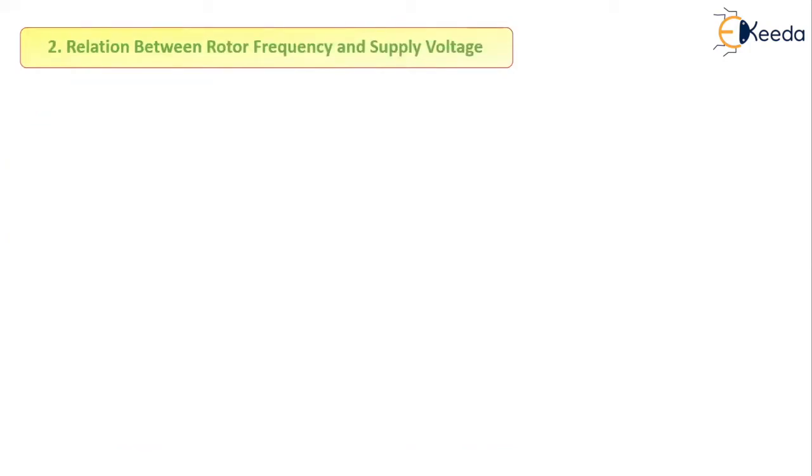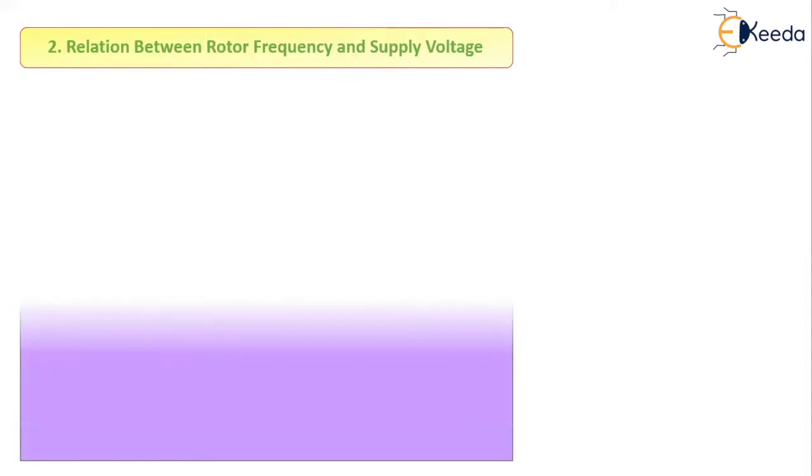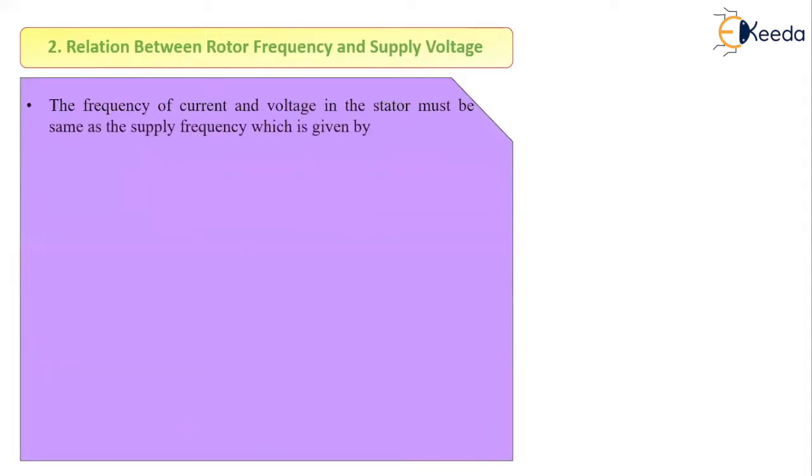Now let us study the relation between the rotor frequency and supply frequency. The frequency of the current and voltage in the stator must always be the same as the supply frequency. So the formula for this is F = P Ns / 120. You might wonder where we get this formula from.